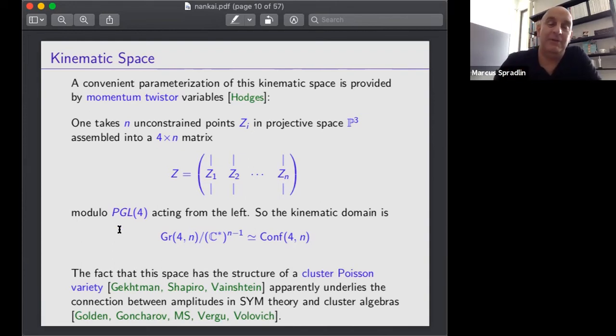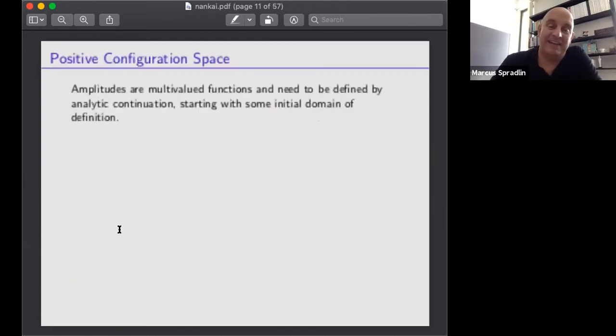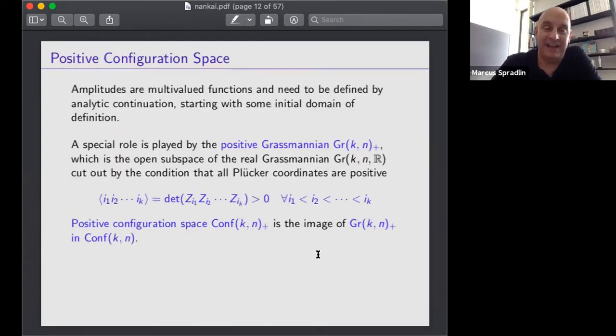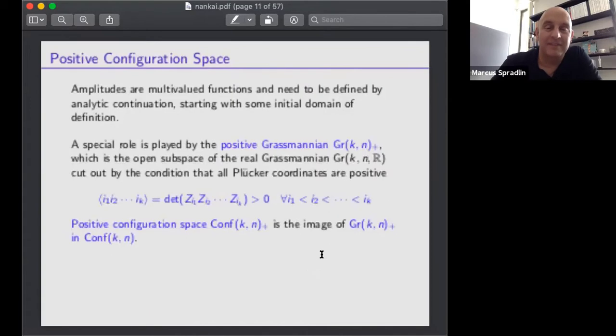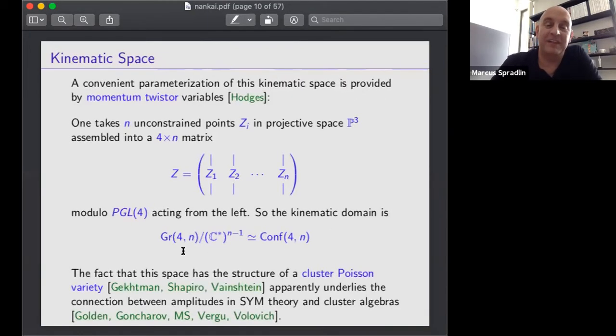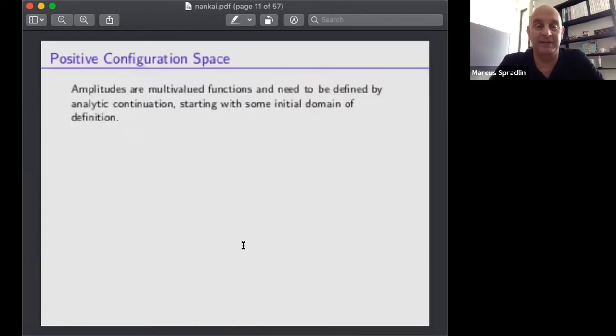So sometimes you'll see the terminology simply GR4 comma n mod capital T, where capital T stands for that torus, C star to the n minus 1. I should have written it on this slide. I regret that I didn't. Okay, so I just wanted to clarify that if it comes up later.